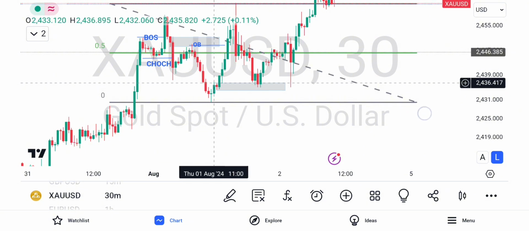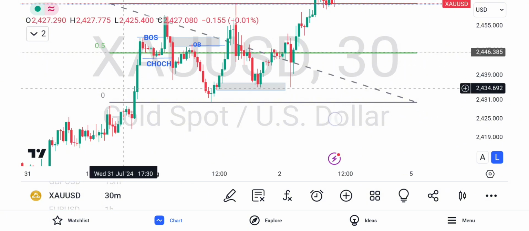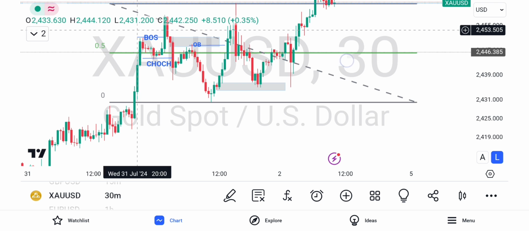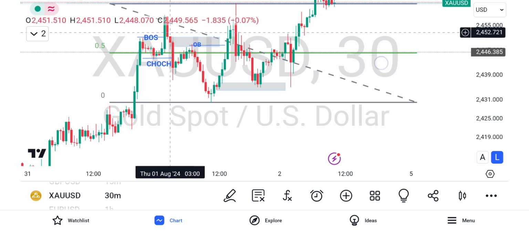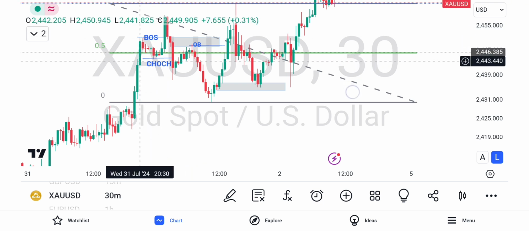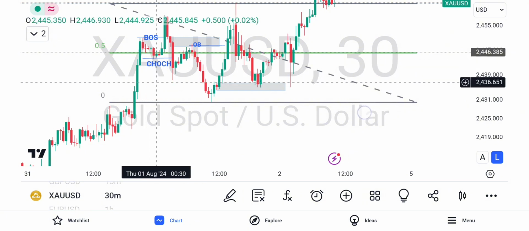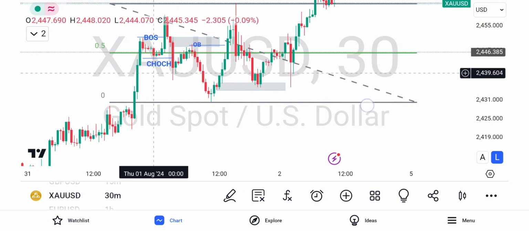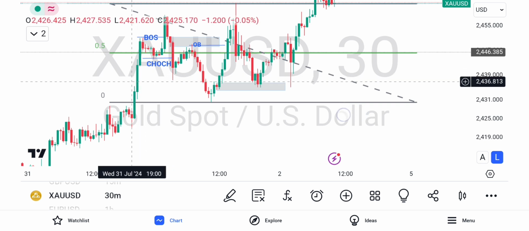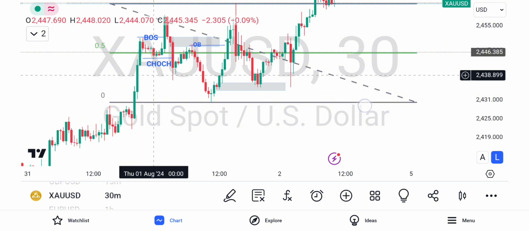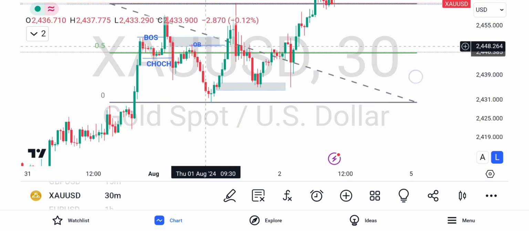So eventually, just like I taught us here, if you get your break of structure, your change of character, at this point you're supposed to take a short buy. But if price eventually gives us an order block around this axis, it's going to be a longer buy.